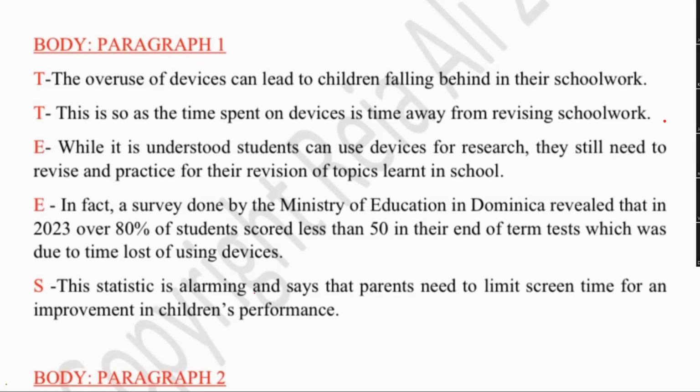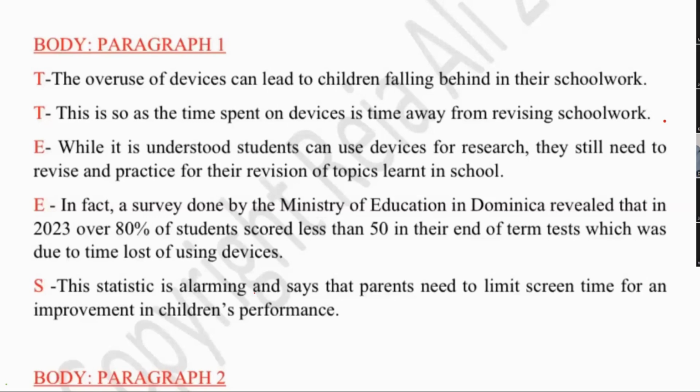This is so because they spend the time spent away from revision, and then we explain it by saying that yes, we know that the devices can be used for research, but they still need to monitor the use. And we have the example here being, and the evidence that a survey done by the Ministry of Education in Dominica revealed that over 80% of students scored less than 50 in their end of term exam.